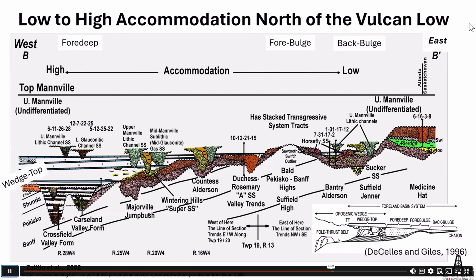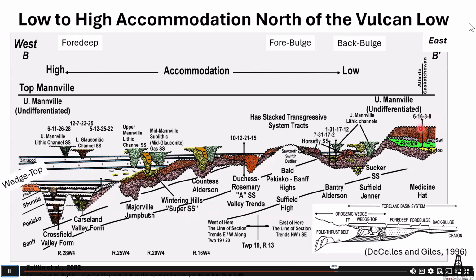North of the Vulcan Low, as we went from west to east, we had an increase in accommodation. So, tens of meters here, 100 or so meters here of thickness. As we go along, again, we see a remnant of the wedge top located over here in orange for the A sandstone.